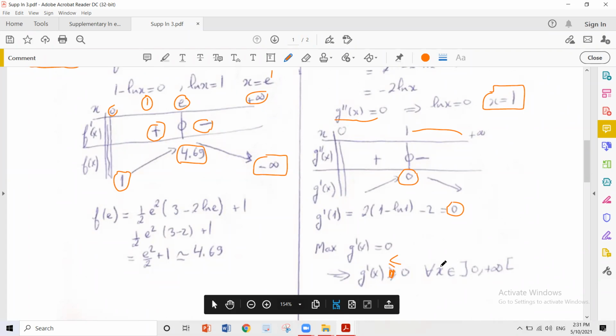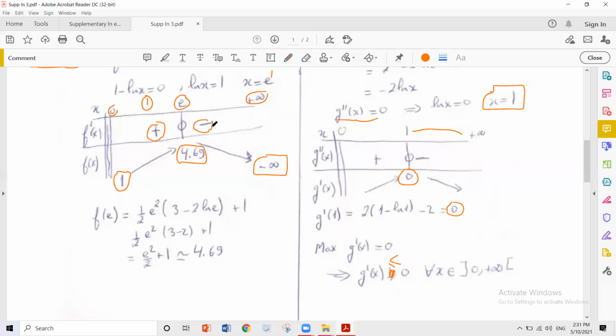So g prime x is less than or equal to 0 for every x belonging to 0 plus infinity. Yes.